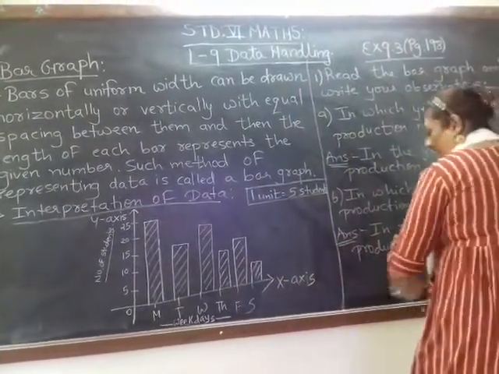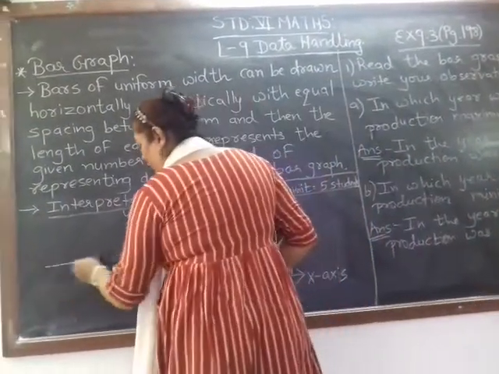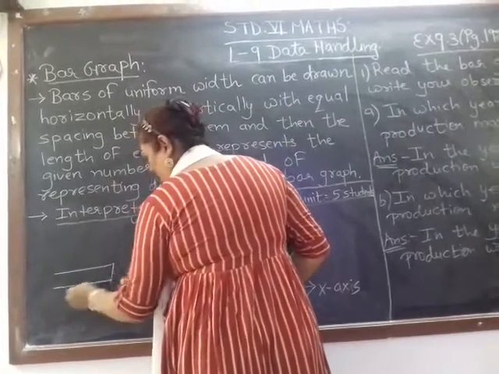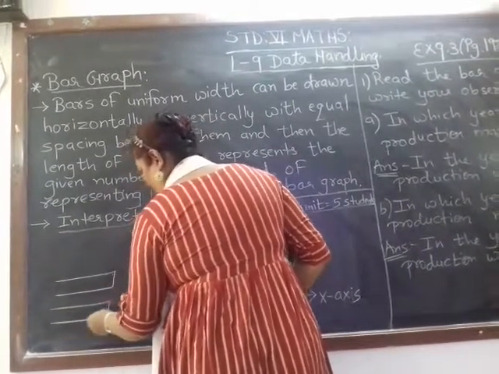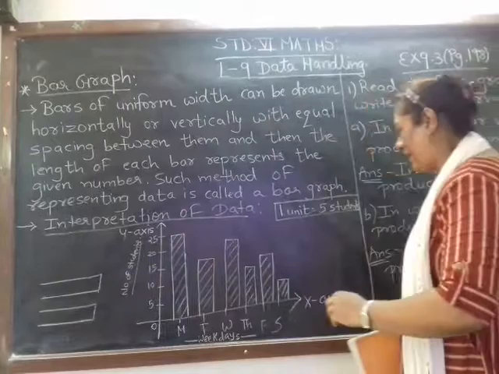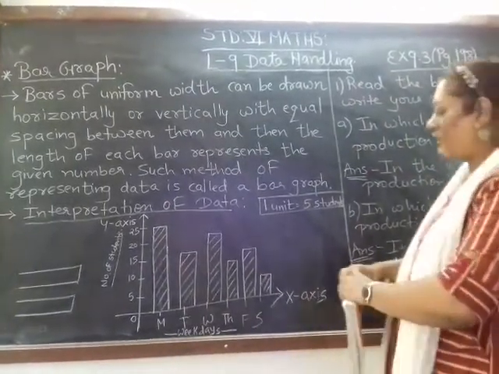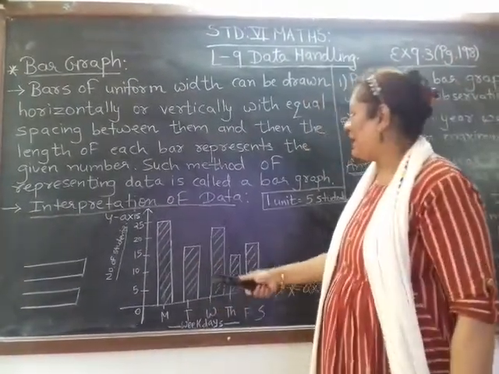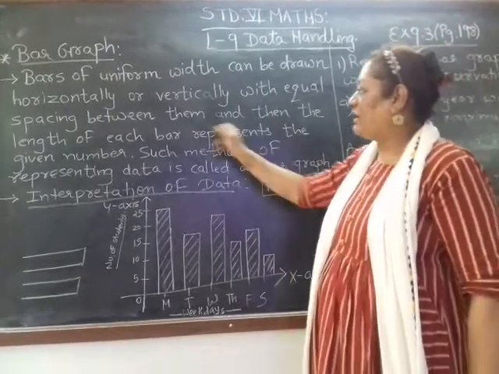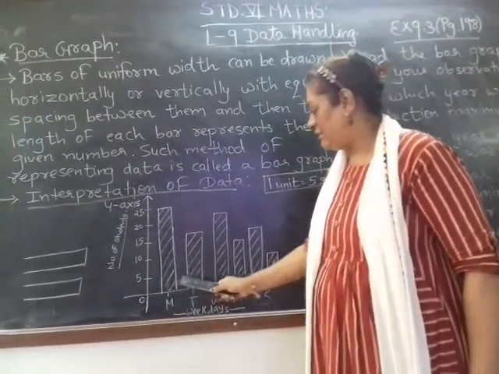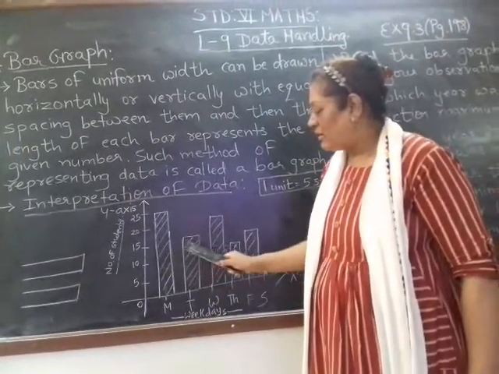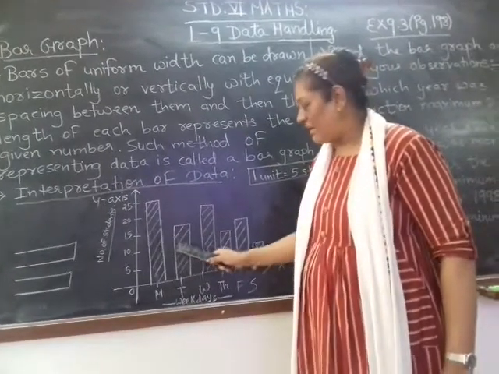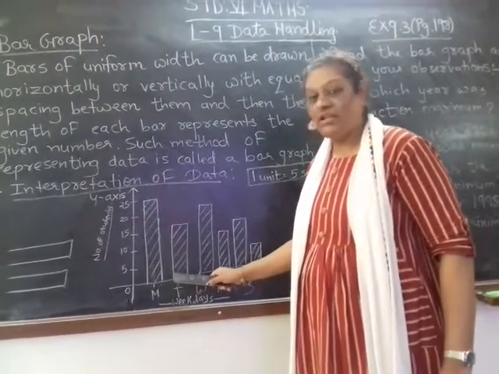So rectangular bars can also be like this, right? This is horizontal. Horizontal means sleeping line, or vertical, that is standing line, with equal spacing between them. In between the two bars, you have to keep equal spacing.